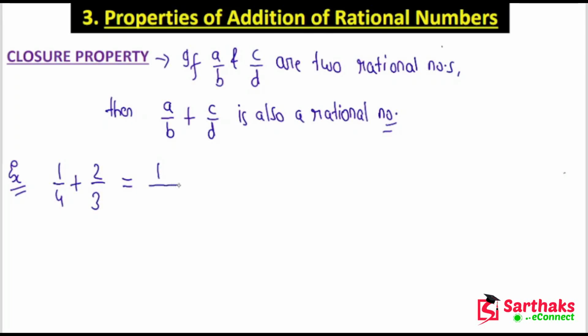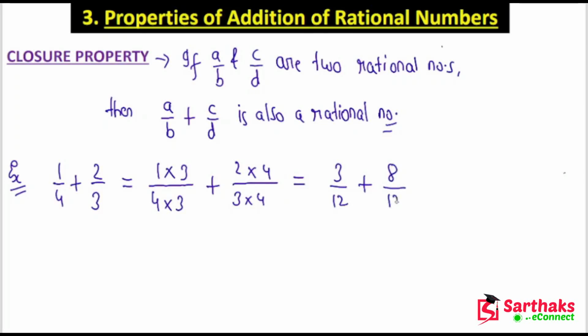We have to multiply 4 by 3 in order to make it 12. Similarly, we have to multiply numerator also by 3 so that the fraction remains same. Here we have to multiply 3 by 4 to make it 12, so we have to multiply 2 also by 4. So we will get 3 upon 12 plus 8 upon 12, which is 11 upon 12.